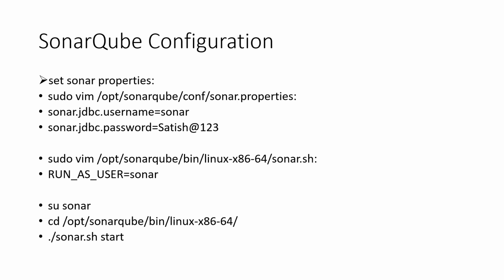So these are the few configurations which we need to do. Set sonar properties: you need to open this file, vim /opt/sonarqube/conf/sonar.properties. Here you need to enable these two lines, sonar.jdbc.username and sonar.jdbc.password.